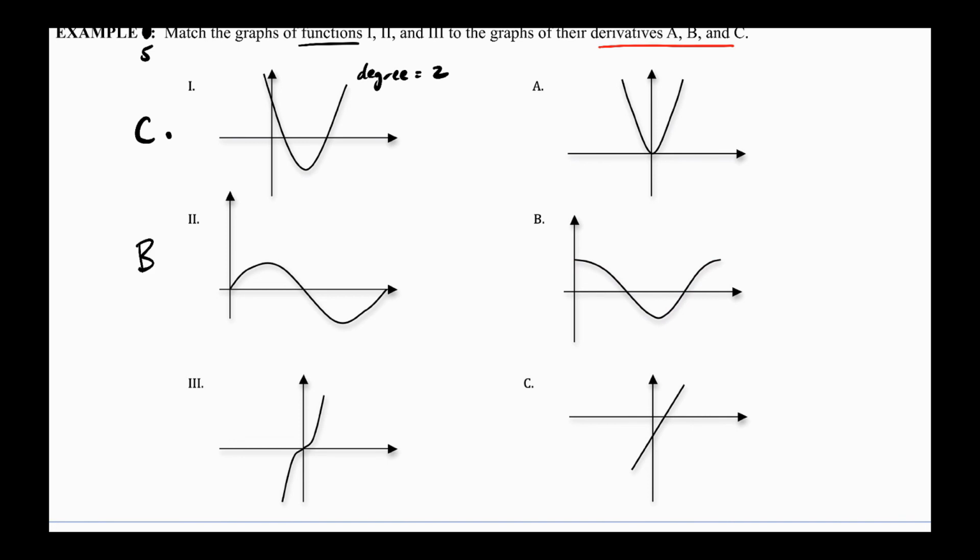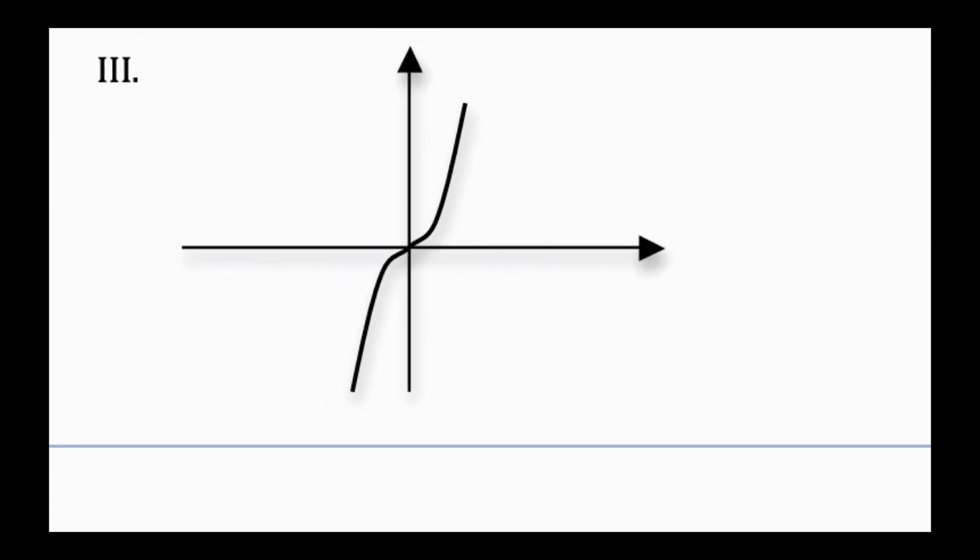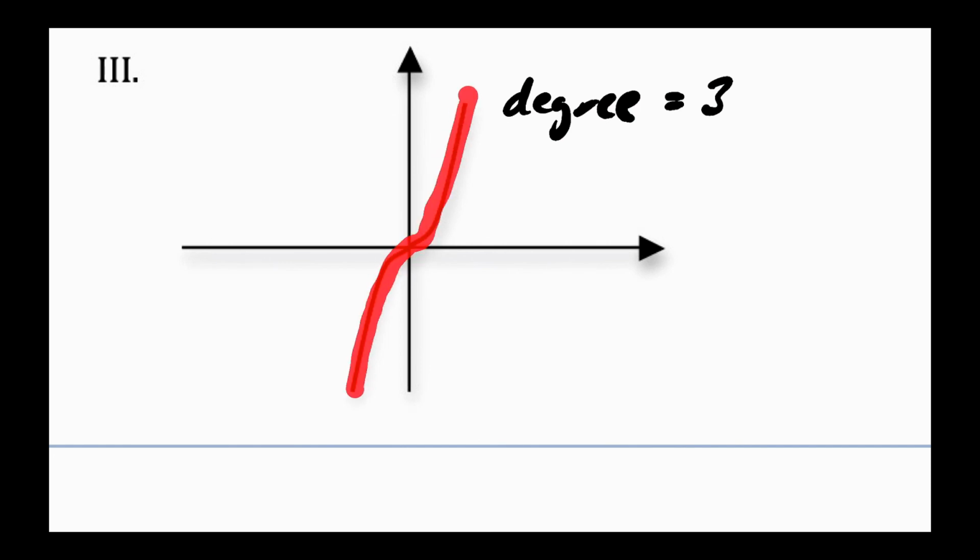And then the last one, what degree is this guy here? What functions look like that? It's not squared because it's not quadratic. It kind of looks like tangent, but it's not a trig function. Yeah, it's a cubic. Anything cubic kind of has that look where it increases and then slows down a little bit and then keeps increasing.